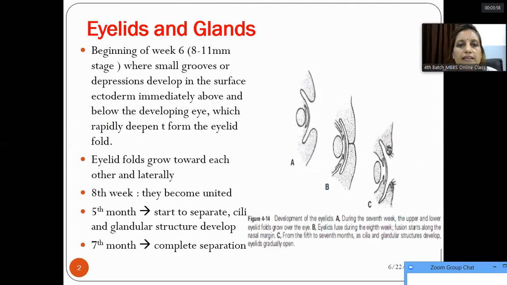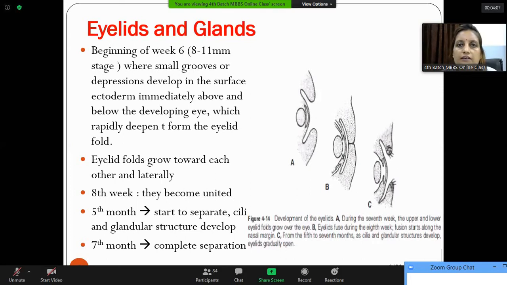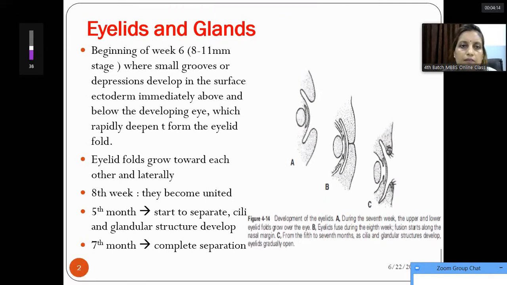In the last class, we discussed how the eyelids and glands are developed. At the beginning of the 6th week, that is 6 to 8 weeks, at the 8 to 11 millimeter stage, a small group of depressions develops in the surface ectoderm. Immediately above and below that, a fold occurs which rapidly deepens and forms the eyelid fold.